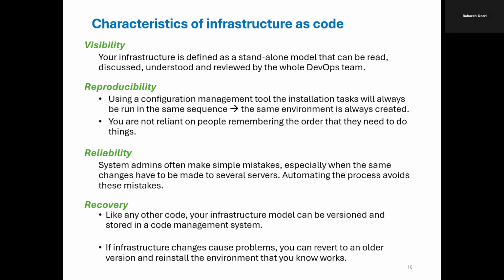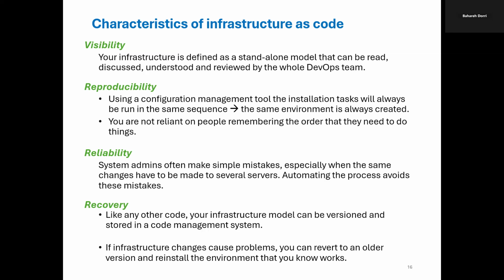Then there is reliability. Let's be honest, even experienced system admins make mistakes, especially when repeating the same change across multiple machines. But when you automate the process, those little manual errors disappear. The tool doesn't forget and it doesn't get tired. And finally, recovery. Since your infrastructure is code, you can treat it just like application code.